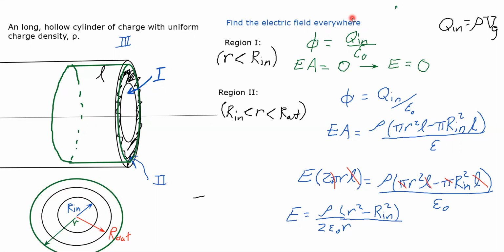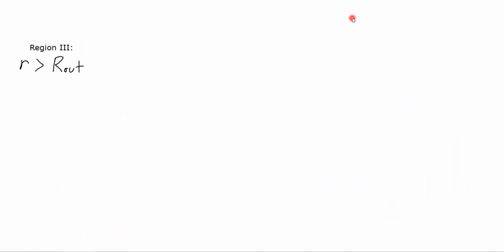Okay, so let's start with Gauss's law. I have my Gaussian surface, so let's go back to Gauss's law. Flux equals charge inside over epsilon 0. Let me actually redraw it over here so I don't have to keep flipping back.